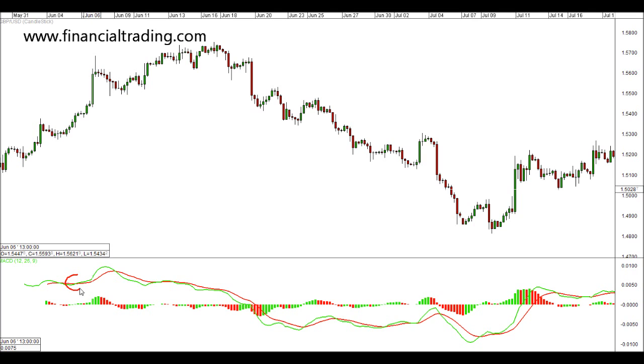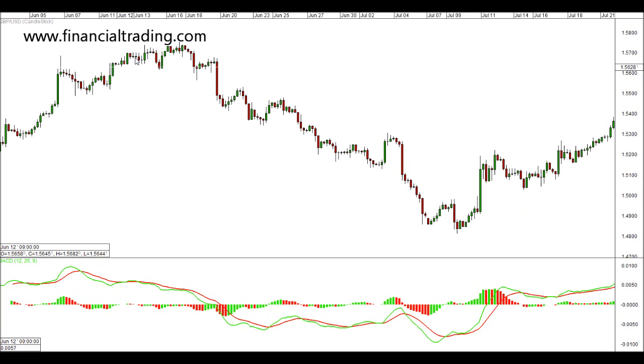You'll notice that here there is a bullish crossover, which agrees with our analysis that price is uptrending. As price reaches this area and starts its downtrend, you'll notice the MACD has a bearish crossover, signaling that price could change direction and go on the downside.